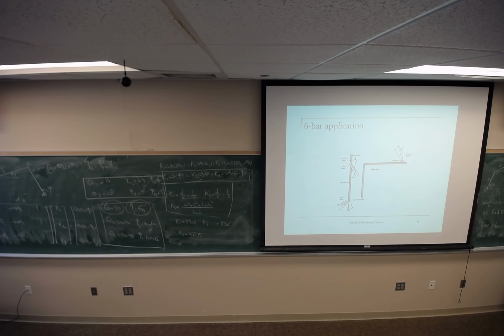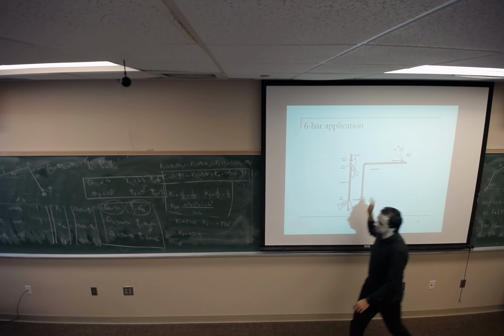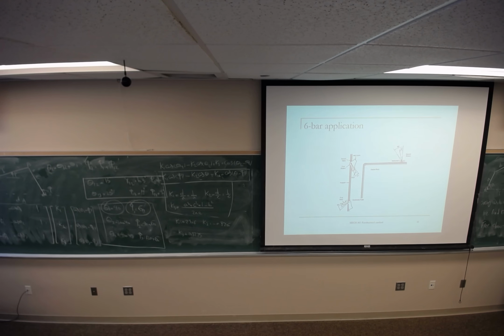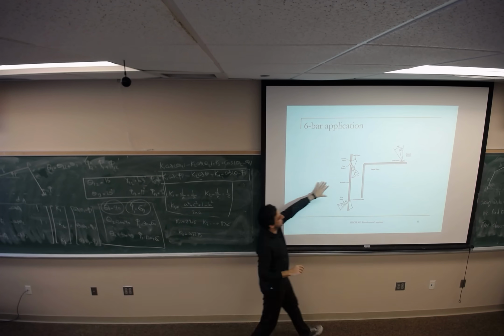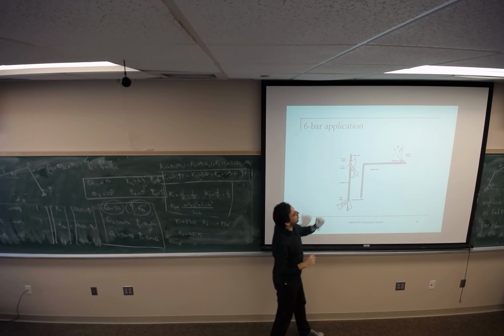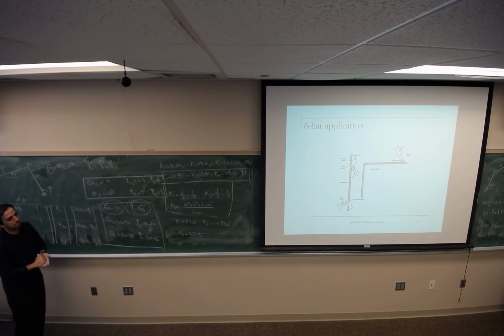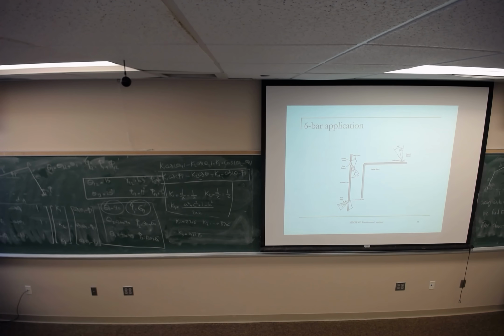So one group can do this if they want to work on function generation and design a mechanism such that it generates this desired function, which is applicable for the carburetor mechanism. I already posted the sample project. One of them is this one.